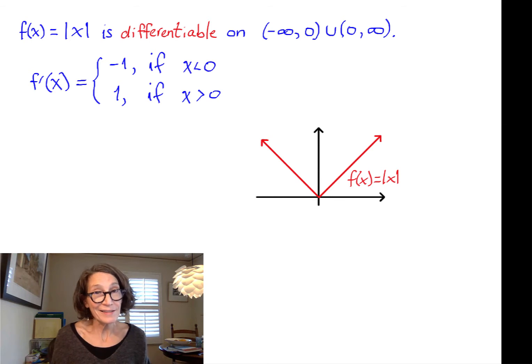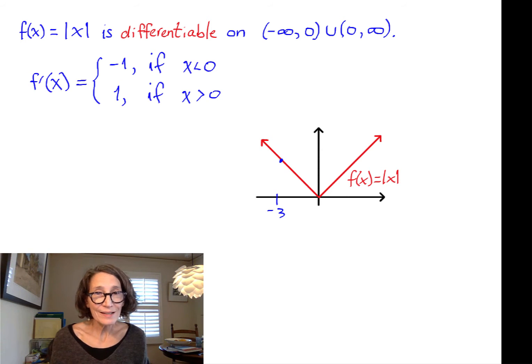We know it looks like this. It's a V. It has a point, a corner. If we look at any negative number, for example -3, the derivative at all negative real numbers was -1.